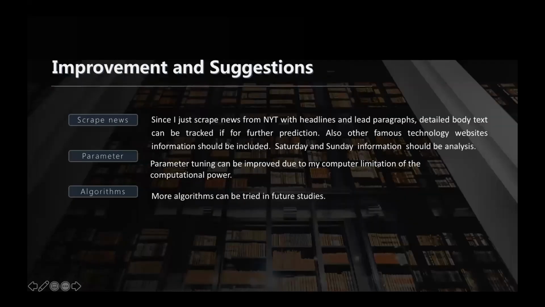And for improvement, I scraped news from the New York Times with headline and lead paragraph. I think detailed body text can be tracked for further prediction, because my computer cannot scrape so much information. Maybe next time I can improve it.